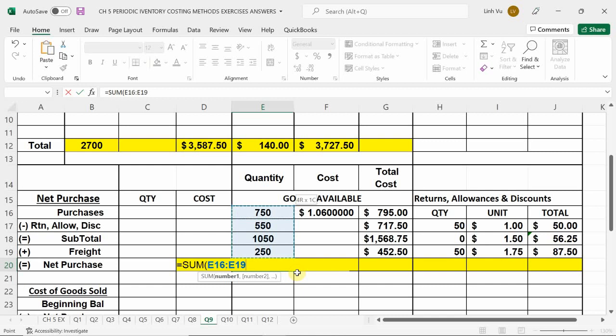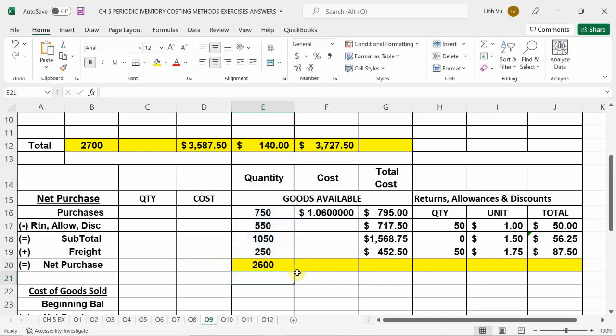How many items do I have available? 2,600. 2,600 should be correct.